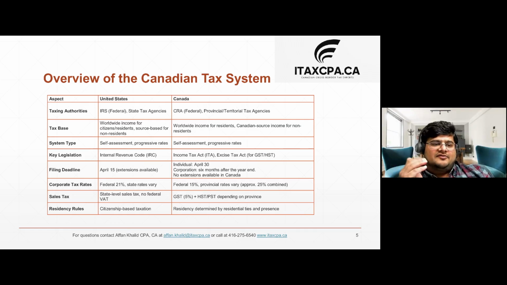And then we have a few provincial bodies. Not all of the provinces have their independent tax agencies. Revenu Québec is one of the main tax agencies at the province level.